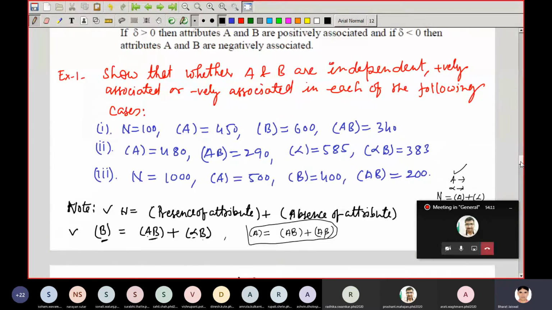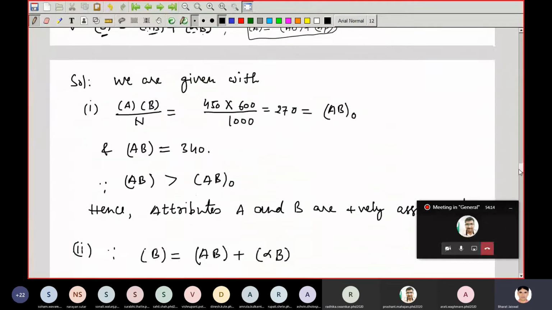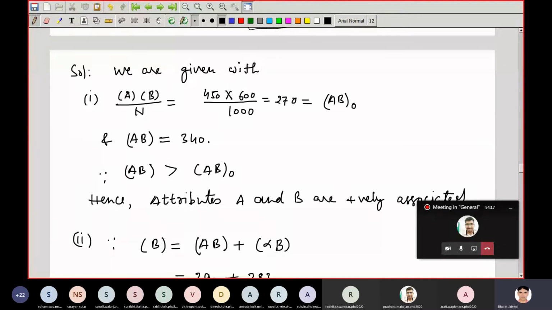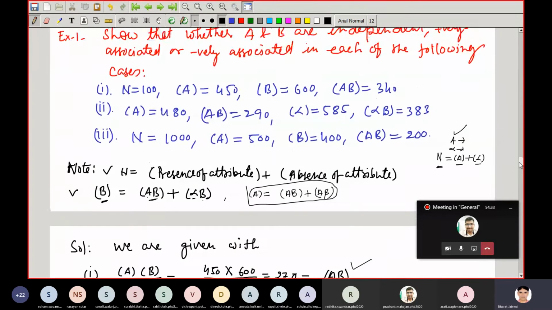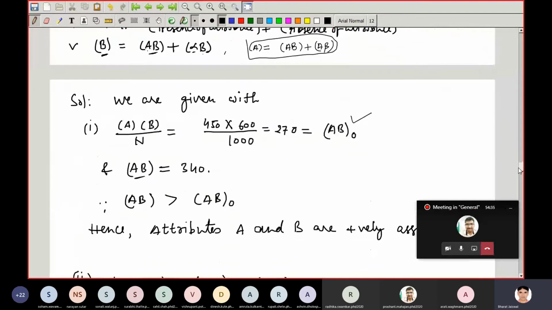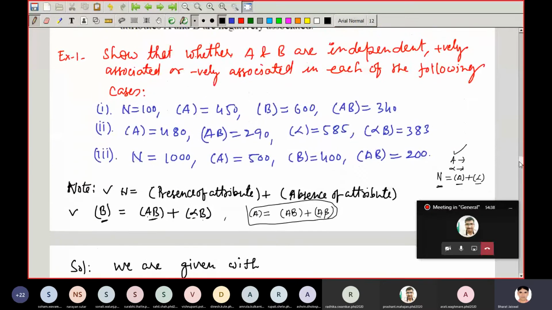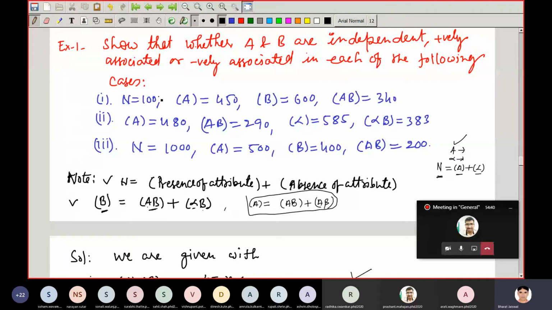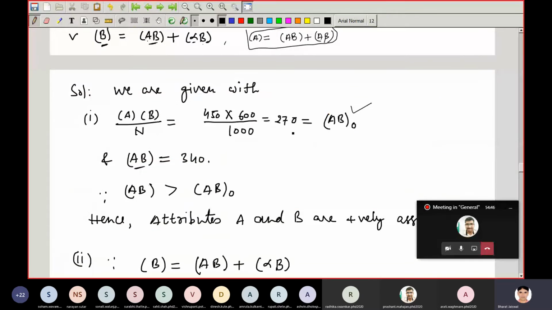Now the question is, how can you say that they are positively or negatively associated? So you have to calculate this one, then compare with AB. Here we calculate frequency of A into frequency of B divided by N. Frequency of A is 450, frequency of B is 600, total is 1000, so it will be this much. So (A)(B)/N is 270.